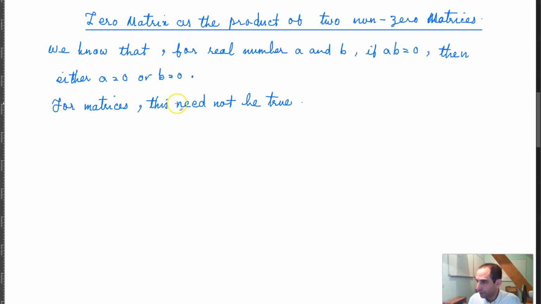Now, as an example, let's say that you have a matrix A, which is 0, -1, 0, 2, and B as 3, 5, 0, 0, right?